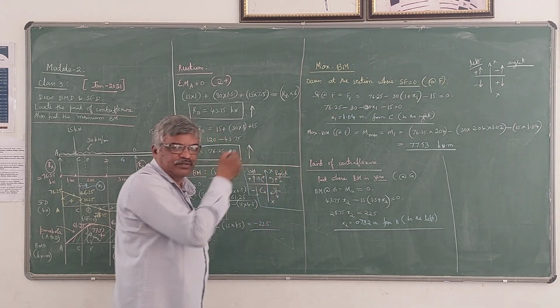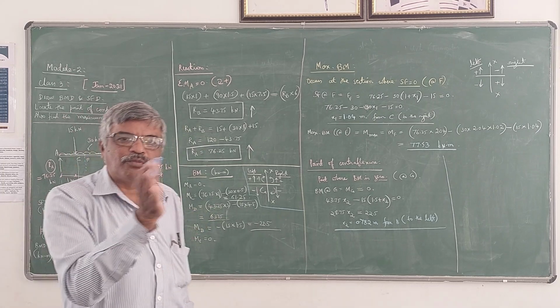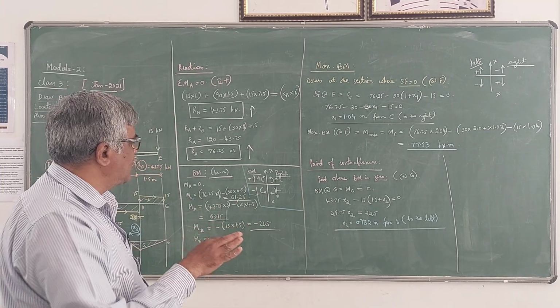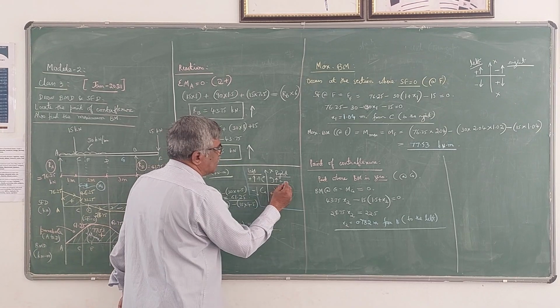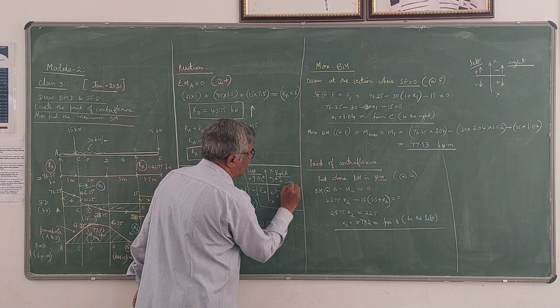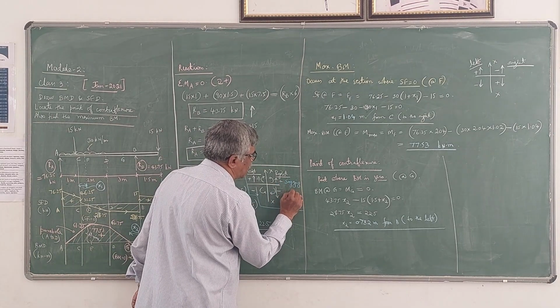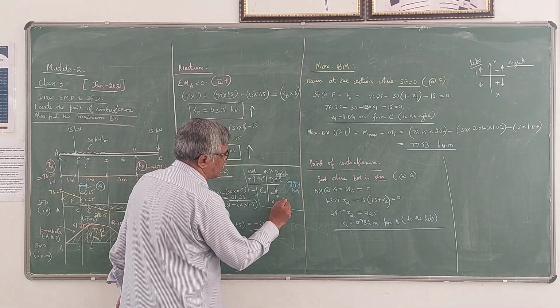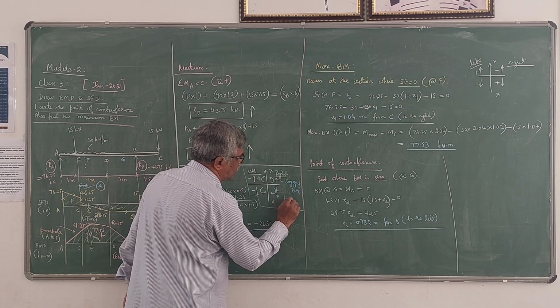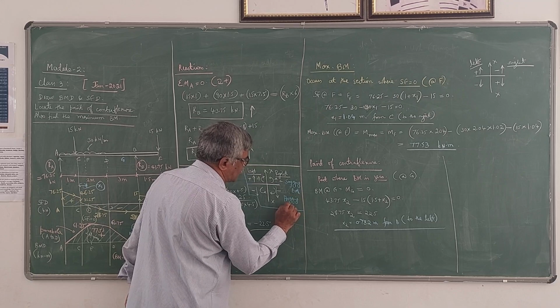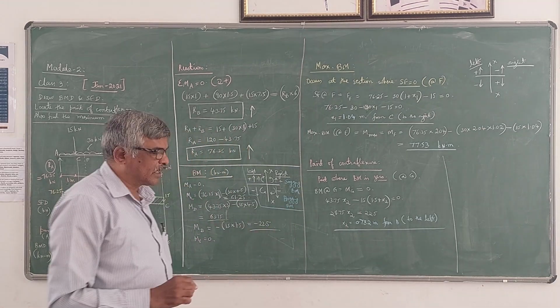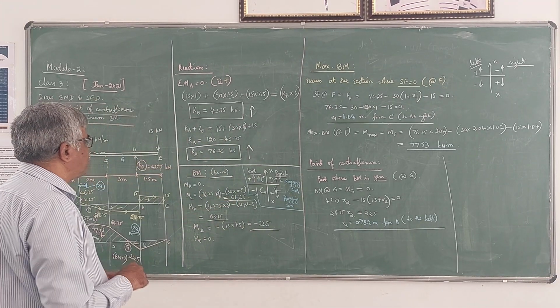Similarly, if you take the right side of the section, upward forces also cause positive bending moment and downward forces cause negative moment. Upward forces we take as causing sagging bending moment. This I explained in the last lecture, and we follow the same convention.